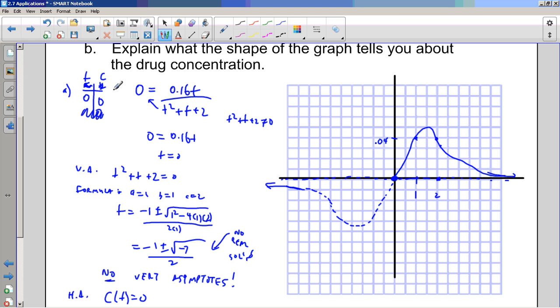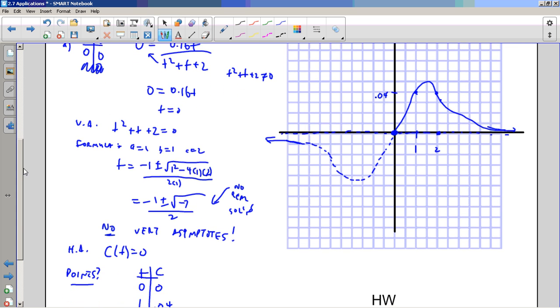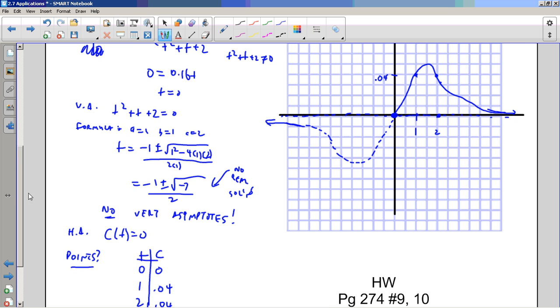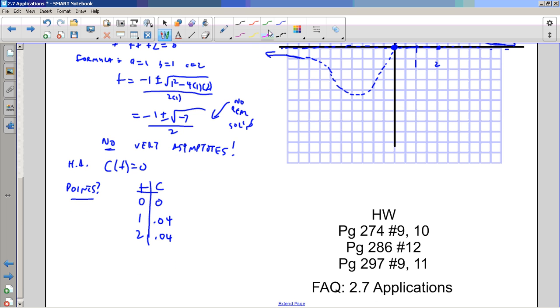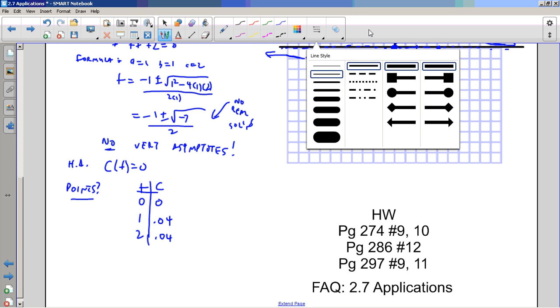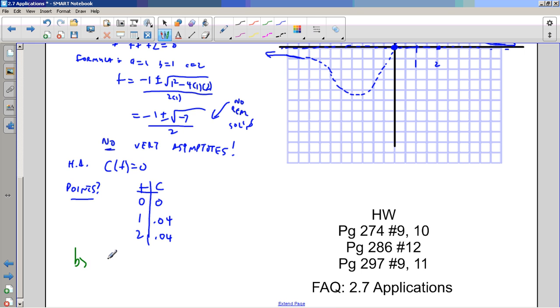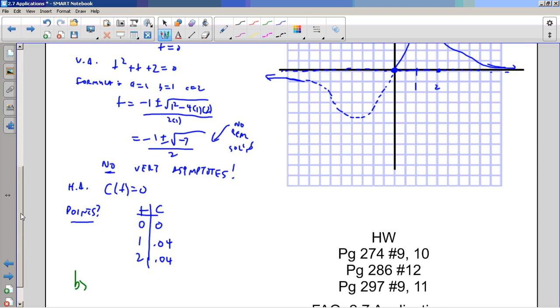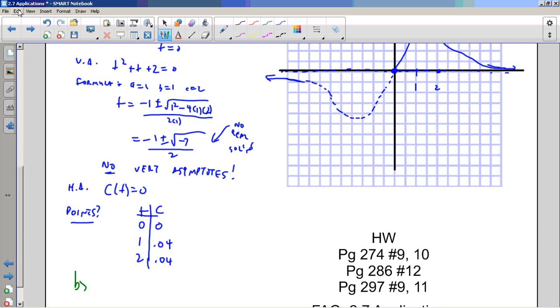So it says, explain what the shape of the graph tells you about the drug concentration. Well, and we'll talk about this negative in a second because there's actually a little bit of business to worry about. But here, I'm going to zoom out just so we can see the graph as I'm writing. I hope you don't mind.